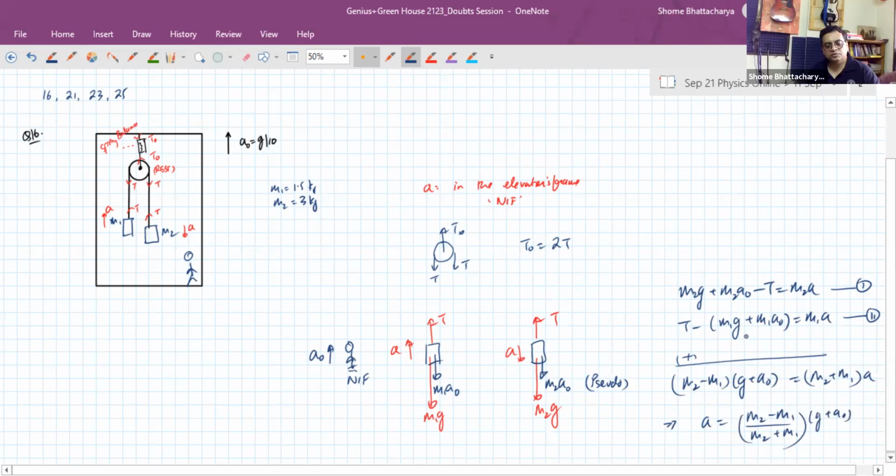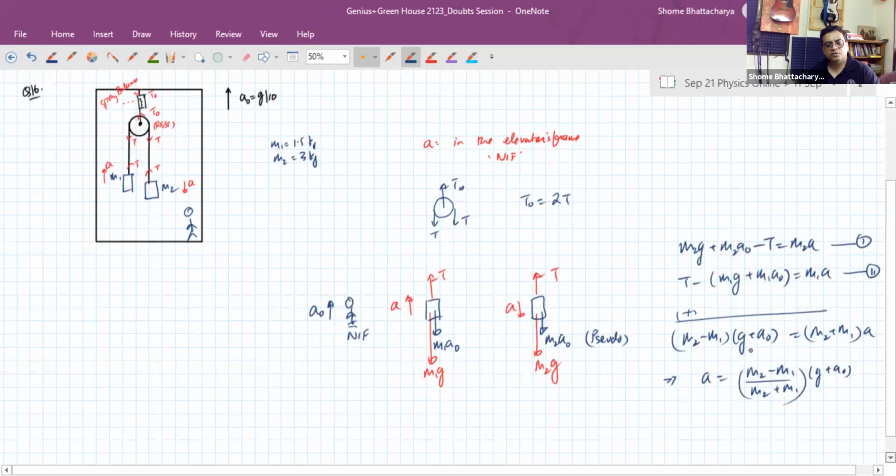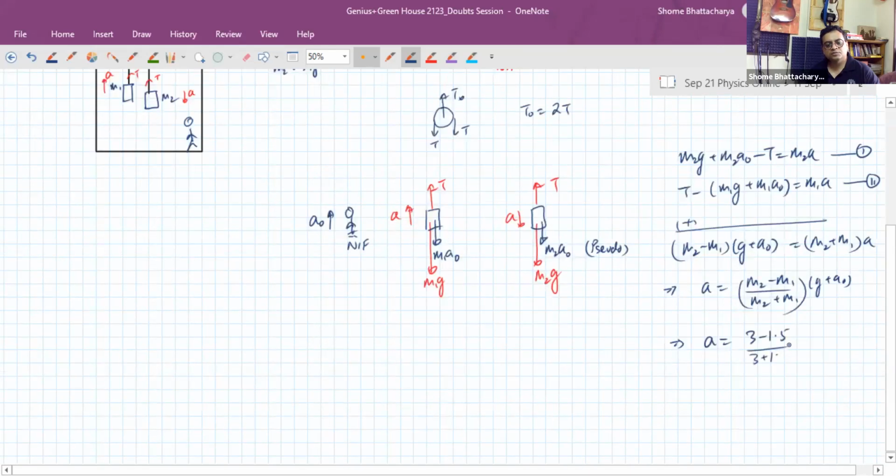So this becomes (3 minus 1.5) upon (3 plus 1.5) into (G plus G by 10). Right. So this becomes 1 by 3 into 11 by 10 G. This is the acceleration.